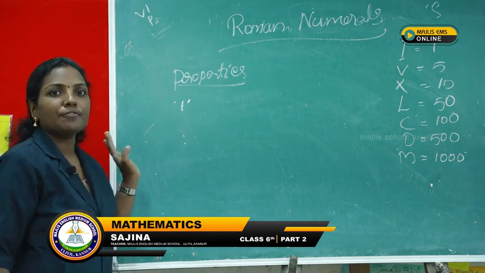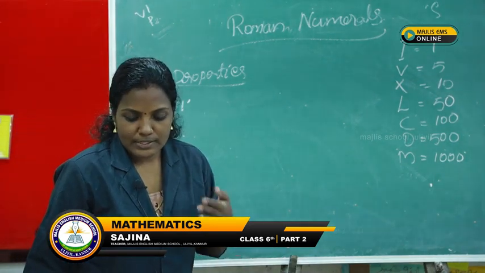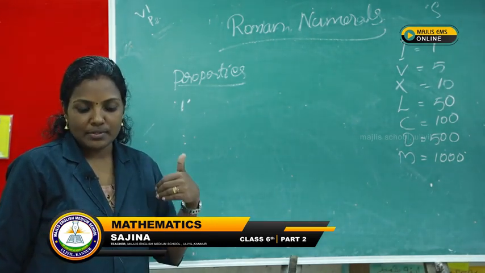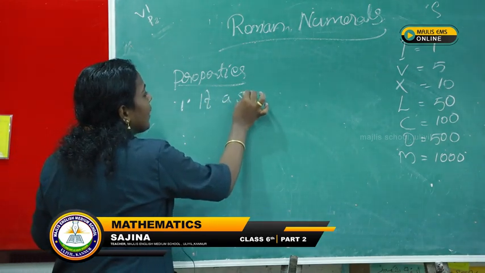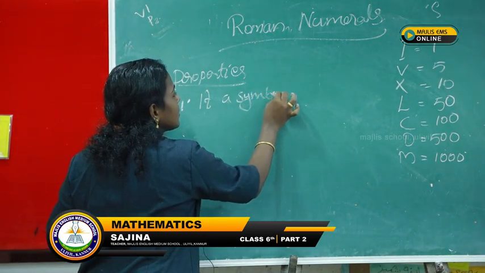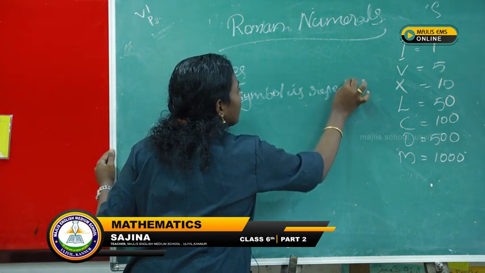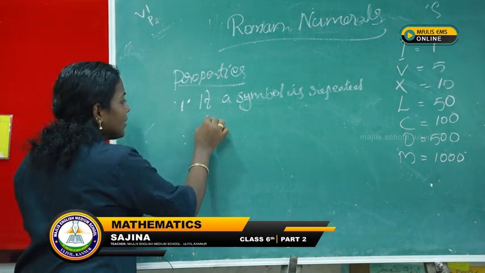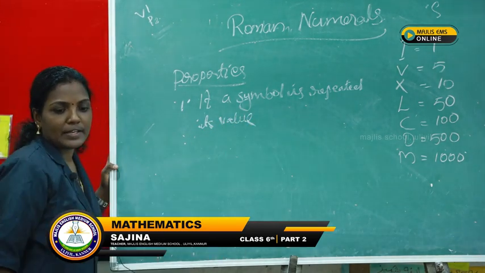First one: if a symbol is repeated, its value is added as many times as it occurs.